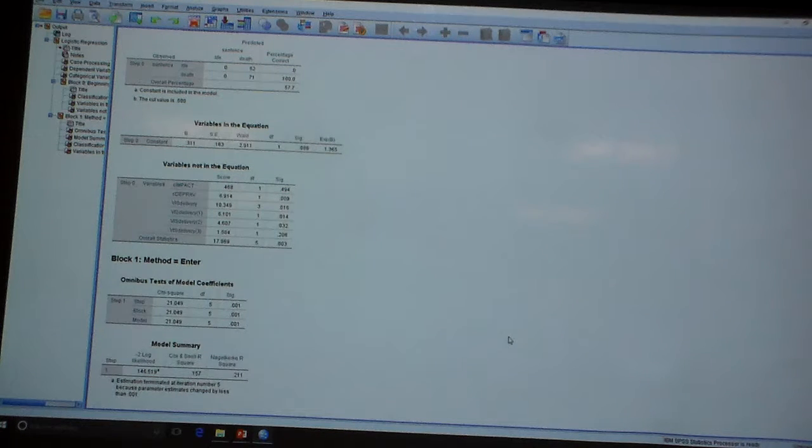Or alternatively, I could say the probability of receiving death sentence is about, or the likelihood of receiving, not a probability. So we're not talking about probabilities, we're talking about odds. So erase probability out of your language in terms of these interpretations, right? The likelihood of receiving death sentence is close to 40% more likely than receiving a life sentence based on this intercept-only model.